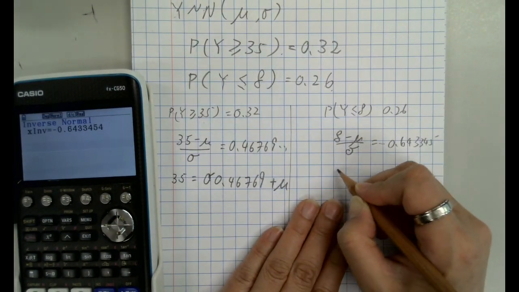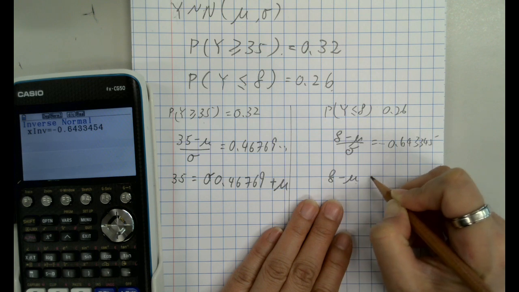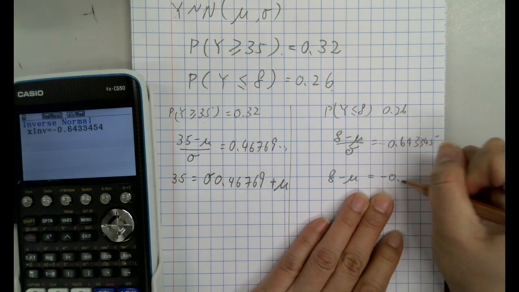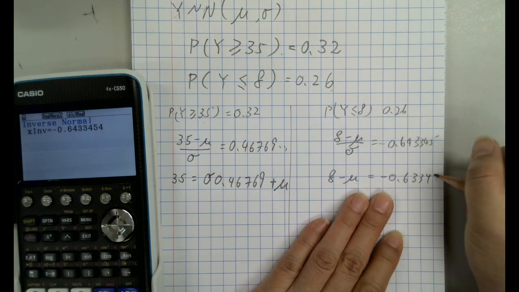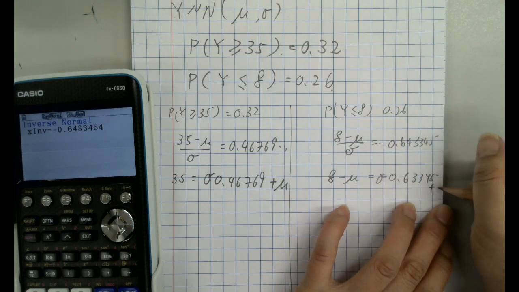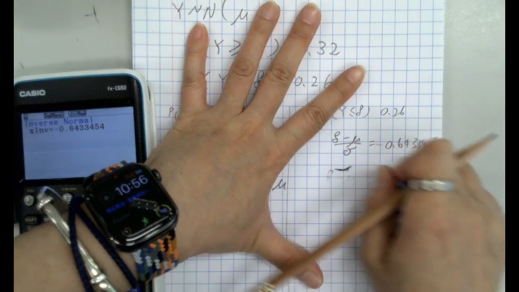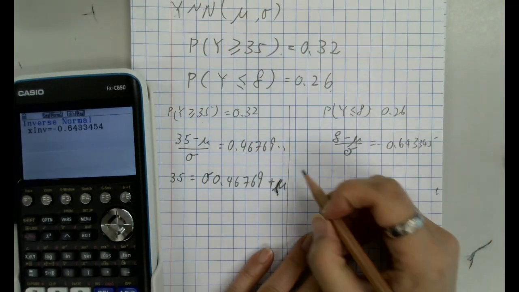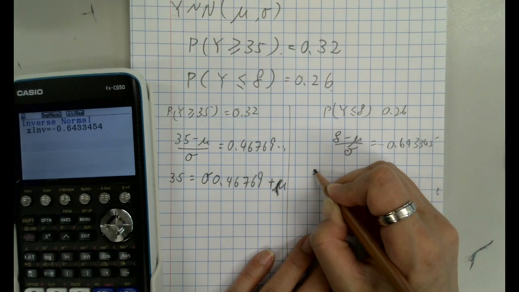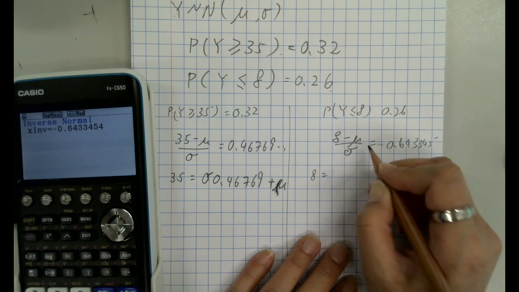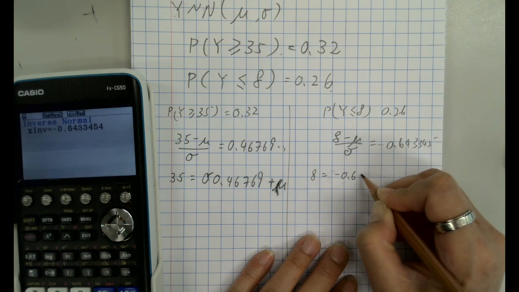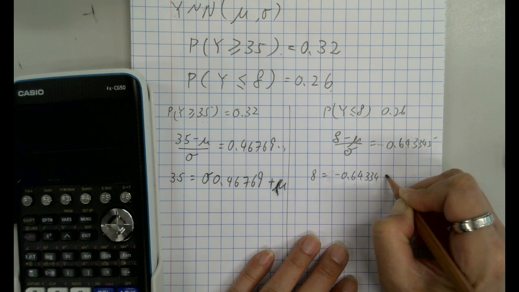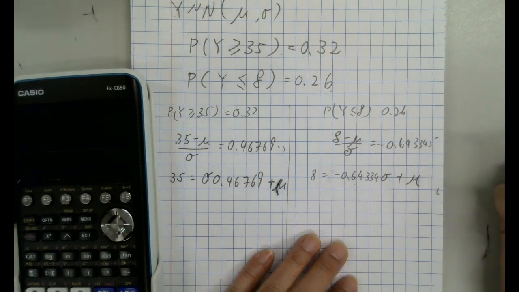So I will have 8 minus mean equals negative 0.64334 standard deviation, plus mean if I do that. So I write it nicely. Running out of space. So then we have 8 equals negative 0.64334 standard deviation plus mean.